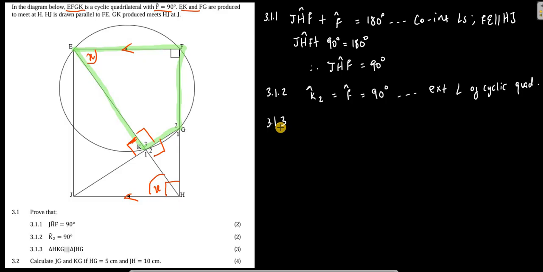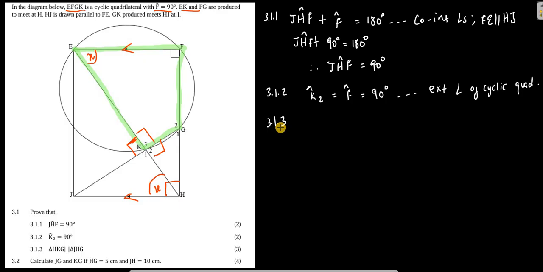Let's see. Guys, does tan chord work there? No, it can't work. Exterior angle, opposite angles of a cyclic quad. I see some of you took the longer way.